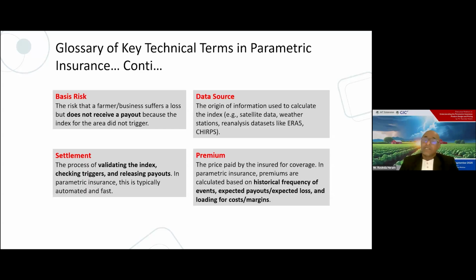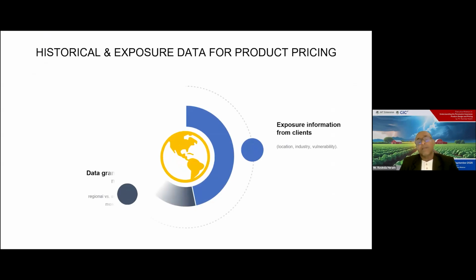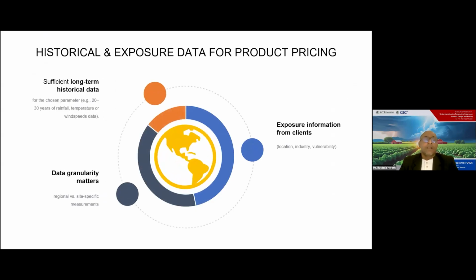Also, the risk premium alone is not enough for the premium, because there are loadings, and we will also discuss how loading is managed when we are pricing the product, right? These are the technical terms in line with product design and pricing. Historical and exposure data are very important for product pricing, because they are the key to designing the product.